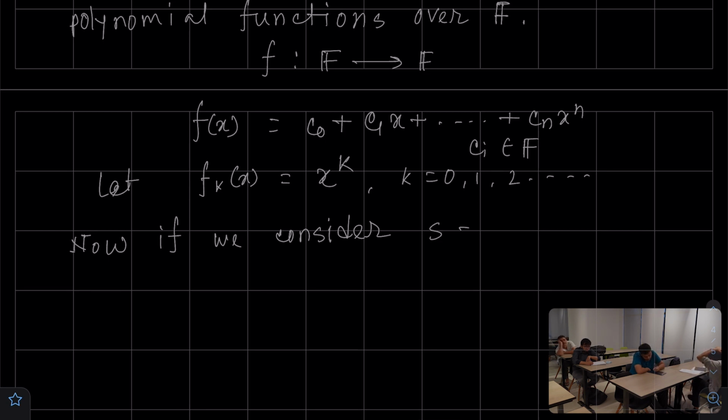Now, if we consider the set S, which is equal to the set F0, F1, ..., Fk, ..., is this set linearly independent or dependent?